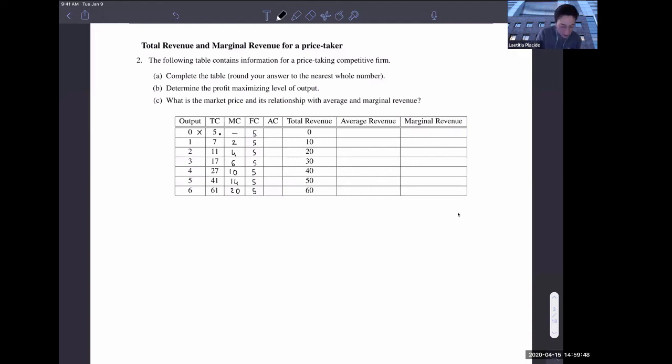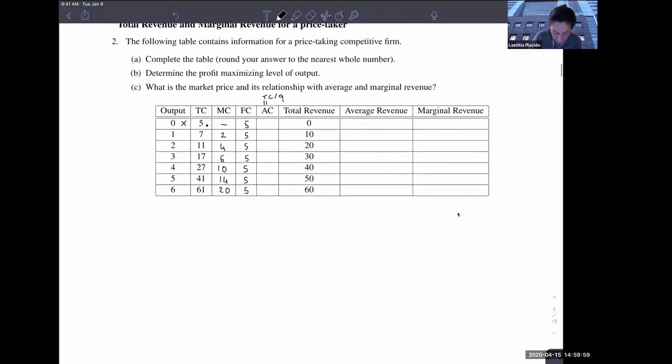Now let's fill in the average costs. What is average cost? It's total cost over Q. When output is 1, it's 7 divided by 1, so that's 7. When Q is 2, average cost is 11 divided by 2, which is 5.5.